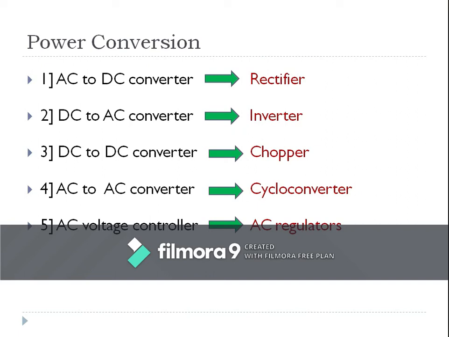And AC to AC conversion, the device is a cycloconverter. And last, the AC voltage controller, that is the AC regulators. So these are the power conversions which we have to study in a further lecture.